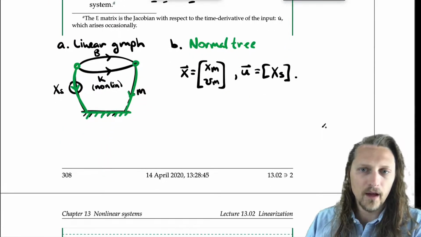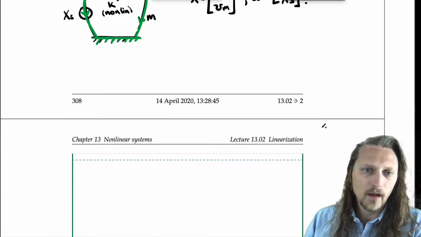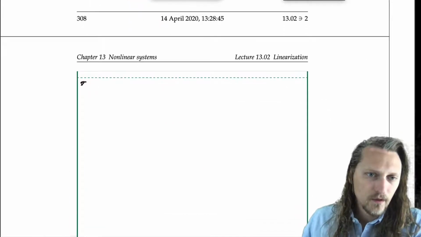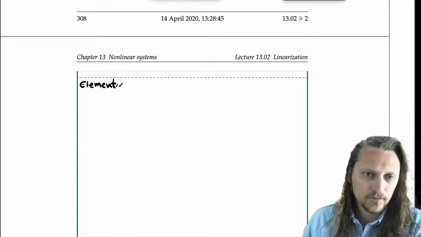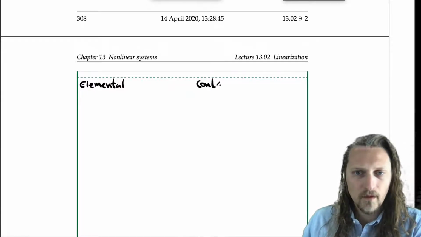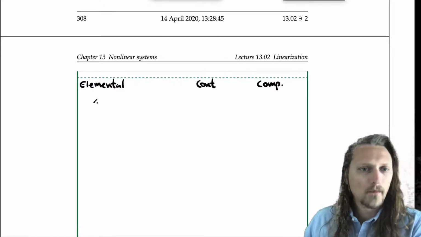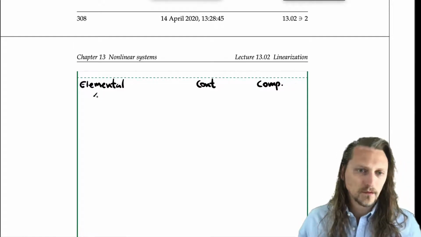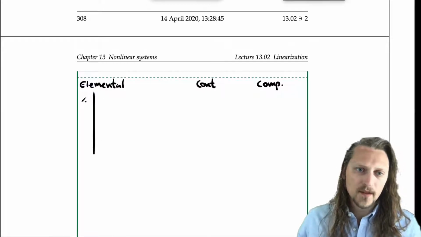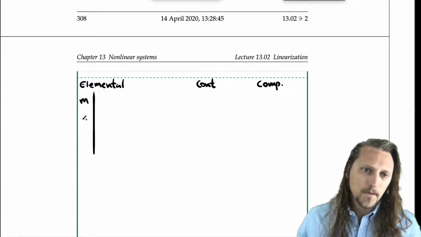Now we're ready to write our elemental, continuity and compatibility equations. So elemental, and then we'll do continuity and compatibility. We just have three passive elements: the mass, the nonlinear spring, and the damper.